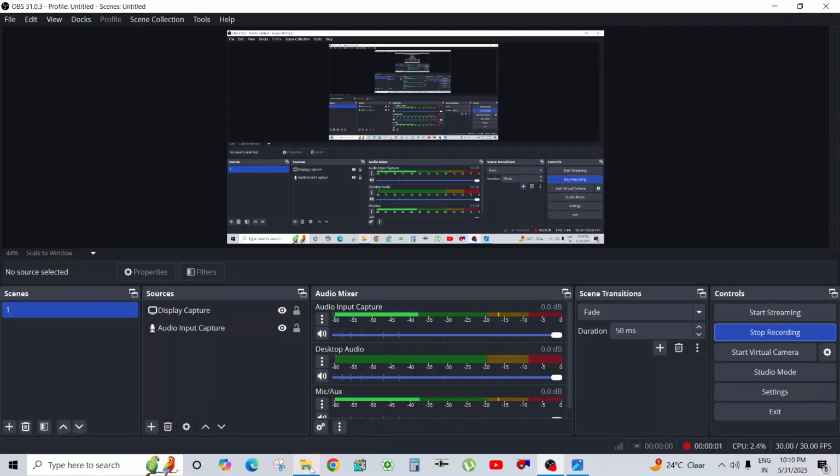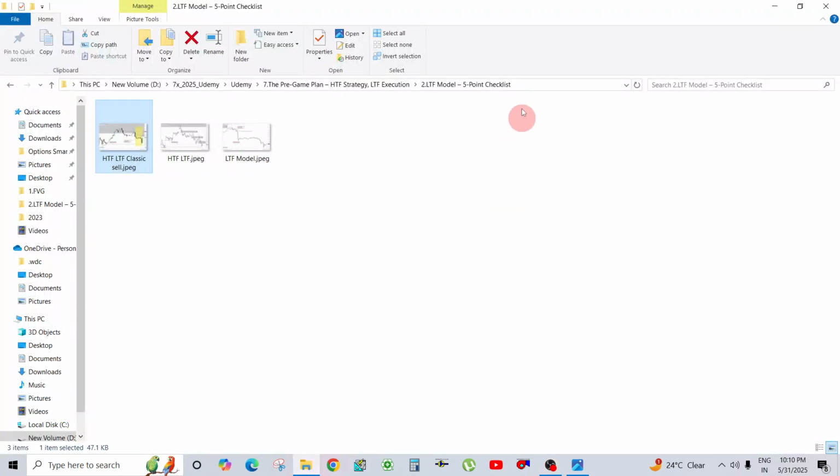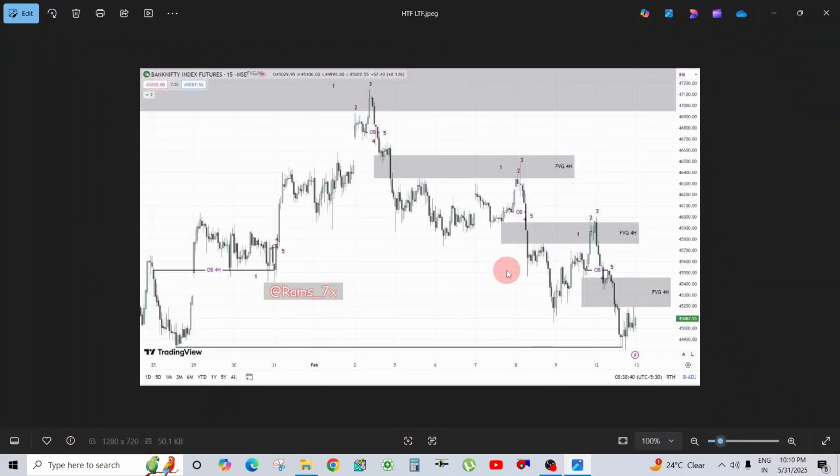Hi, today we are going to discuss the LTF model with a 5-point checklist. Before taking any trades, we need to align our trades with the HTF trend.